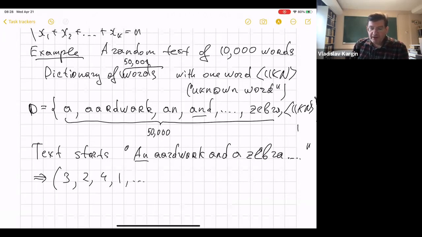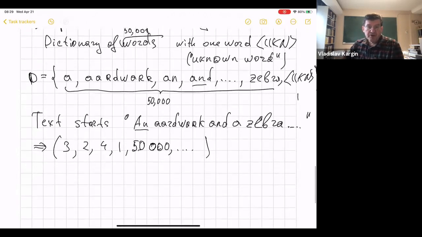And zebra was the last one in this list, so it's 50,000. And after that something else. So this is the sequence for this specific text.